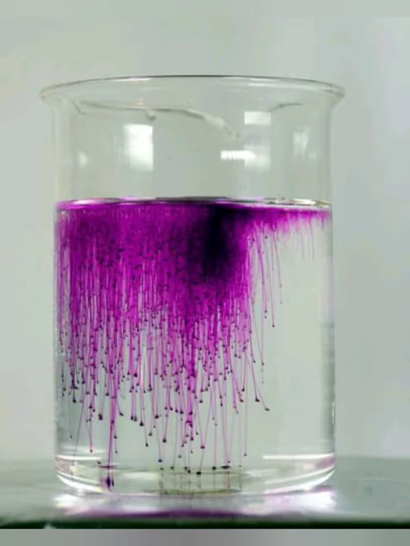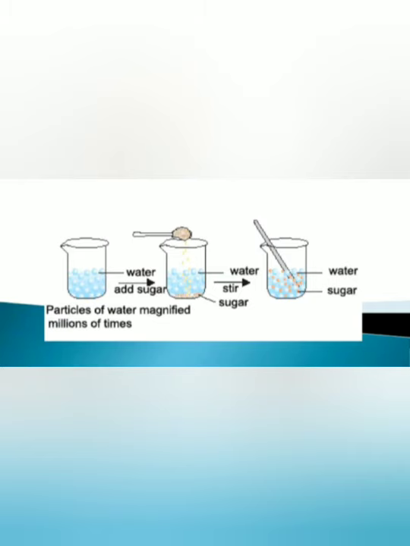Now, let's go to the next property. The next property says that particles of matter have space between them. If we recall the two activities we have considered till now, one adding salt to water and one more adding potassium permanganate to water.